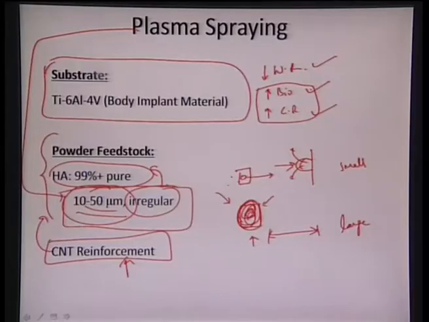CNTs have an elastic modulus of the order of 1.4 terapascals and a fracture strength of the order of gigapascals. So we want to utilize that by adding them as a reinforcement, and then we can achieve a very good implant with a very superior coating, and the overall performance of the implant will go drastically high.